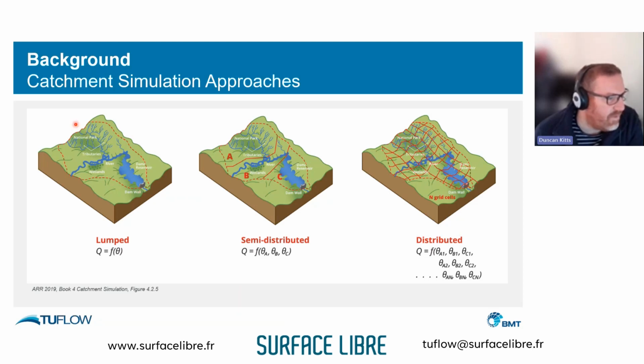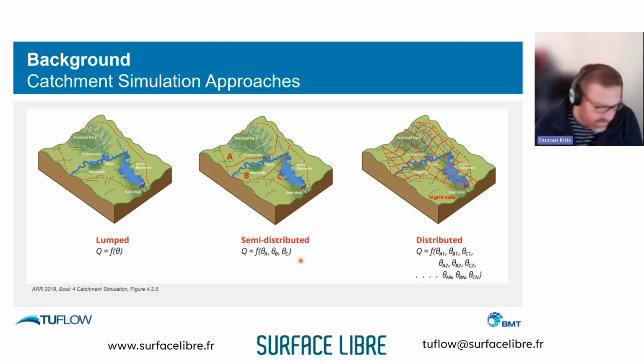So, whether we've got the headwaters, the wetlands, the tributaries, the rivers, or whether we've got storage within reservoirs, that is all lumped into a single set of parameters. So we might have, for instance, a single slope representing that domain.